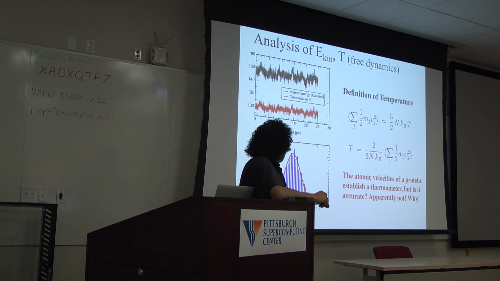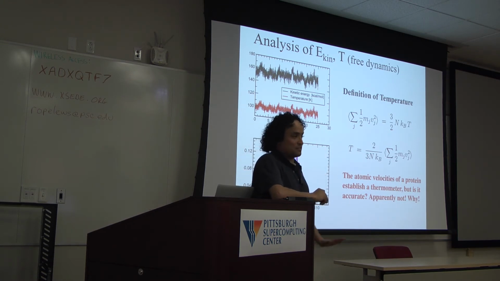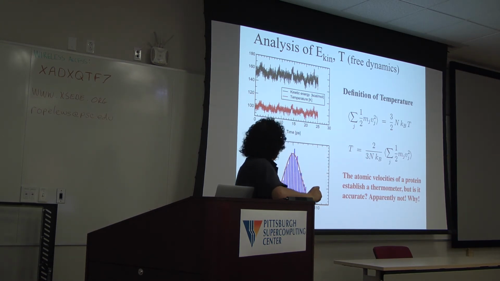Okay. So if you actually look at it, what is going to be the total energy of the system? It's going to be the kinetic plus the potential, right? There is energy conservation. Let's say we're talking NVE. If you plot the kinetic energy, you're going to see these fluctuations, right?